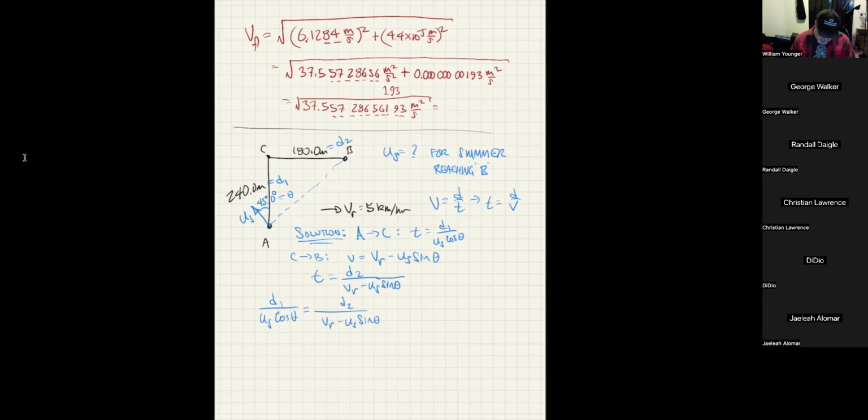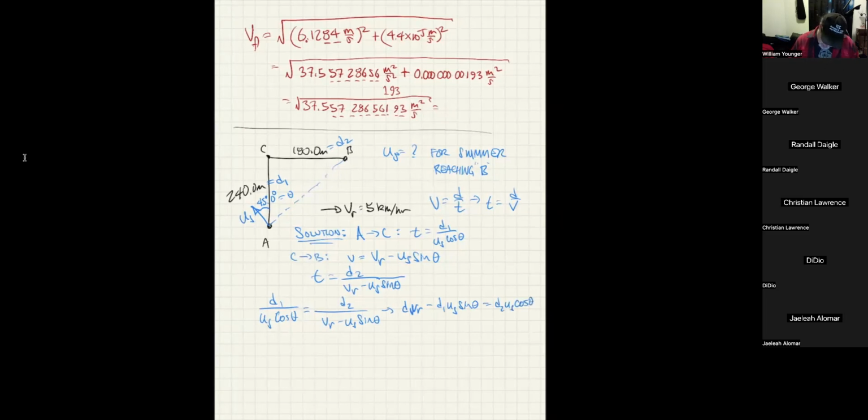Now this looks like a mess, but it's actually really quite nice. You can say D1 times VR, the velocity of the river, minus D1 times U sub S times the sine of theta is equal to D2 times U sub S times the cosine of theta.